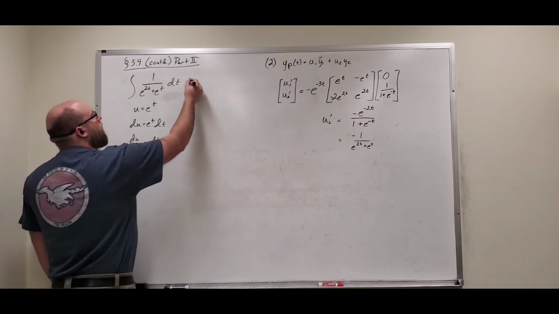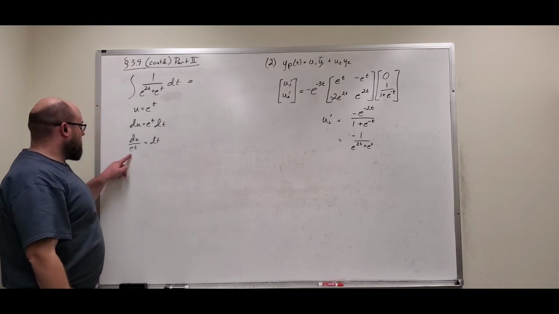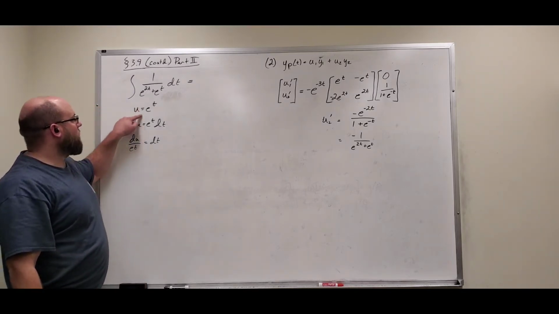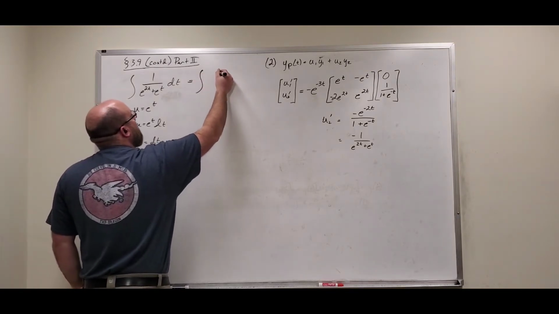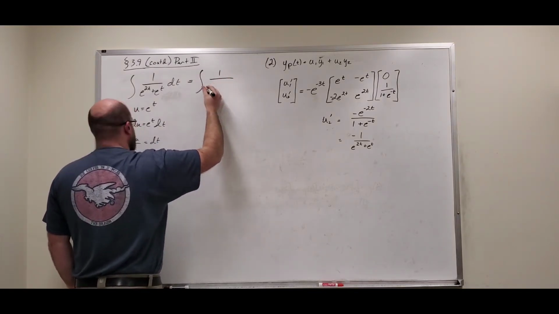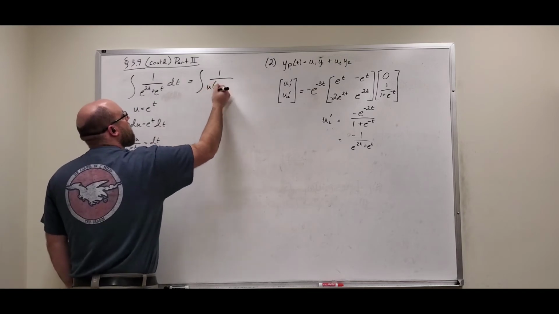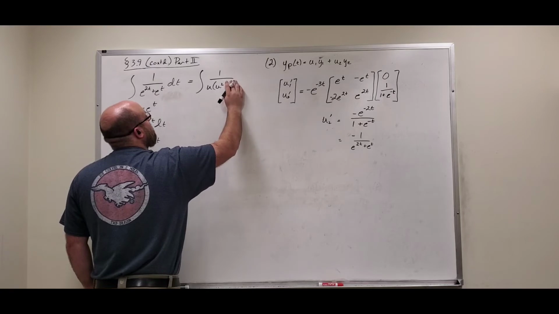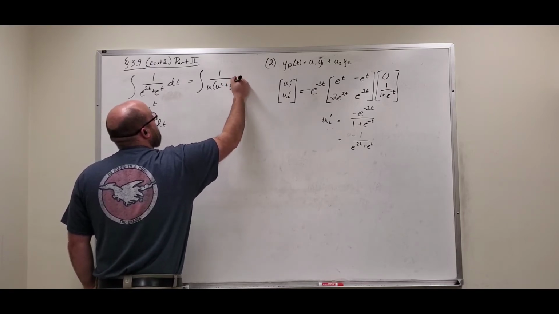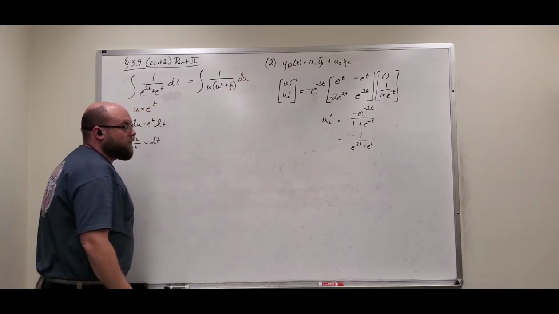Well, when I do that, we know e to the t is already u. So, plugging that in, I'm going to get 1 over u times u squared plus u, sorry, u squared plus u, du.